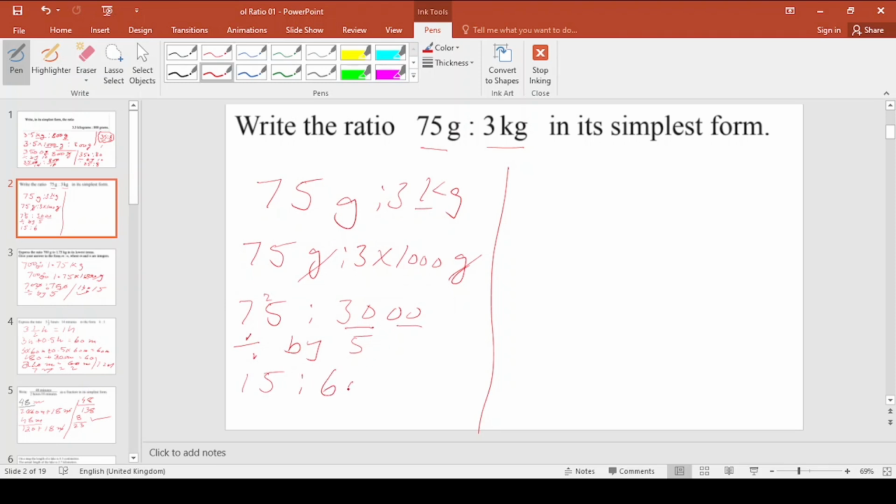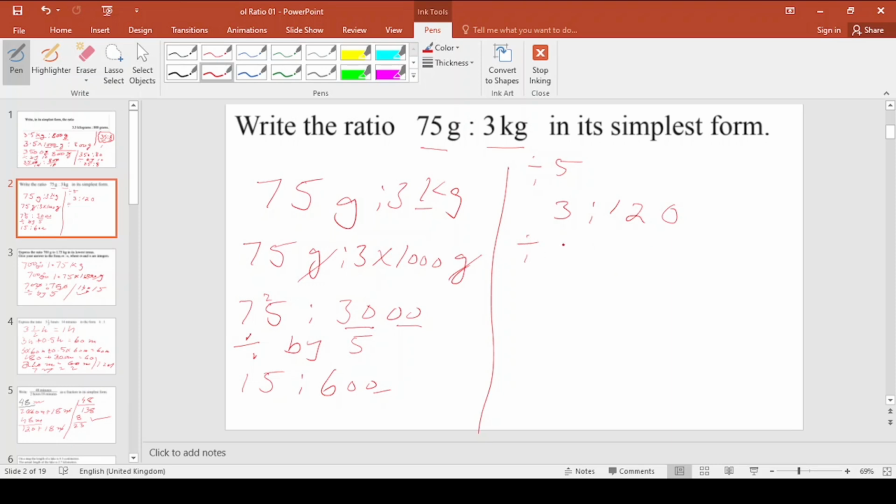These two 0s come here. Again we divide by 5, because again 5 is the common factor. So 5 threes are 15 and 5 twelves are 60. So this 0 again comes here.